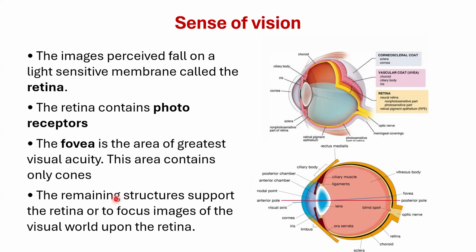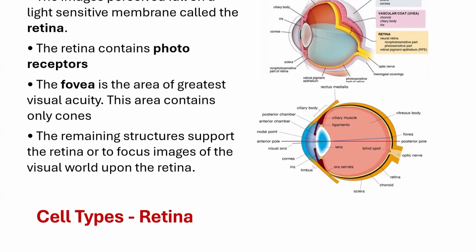They either provide support to the retina or help to focus the image of the visual world upon the retina. That is just to summarize the function of all the structures of the eye.